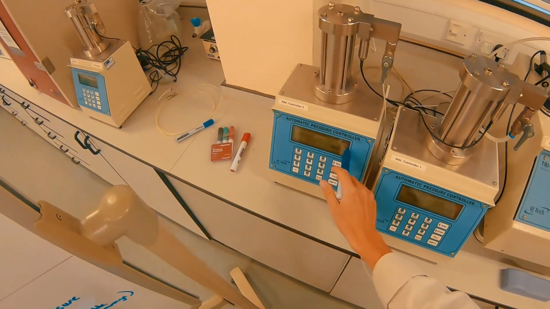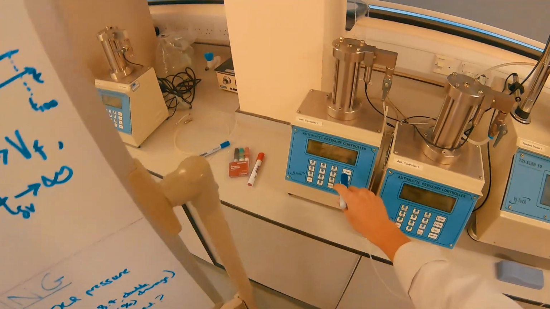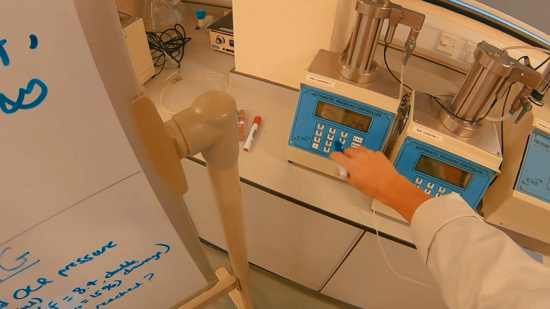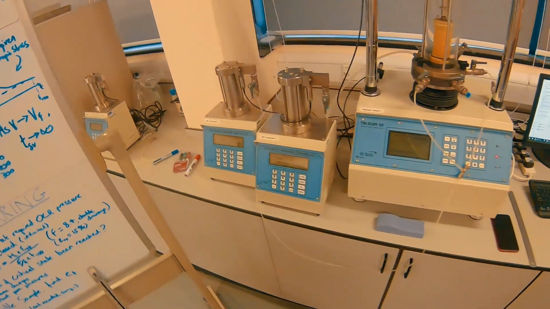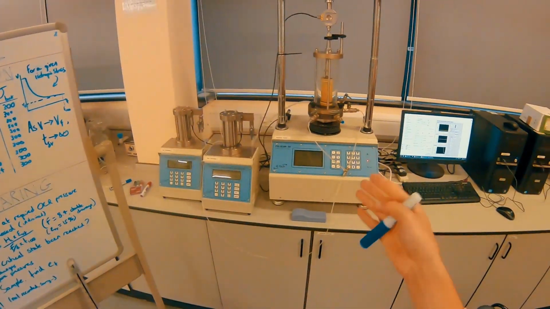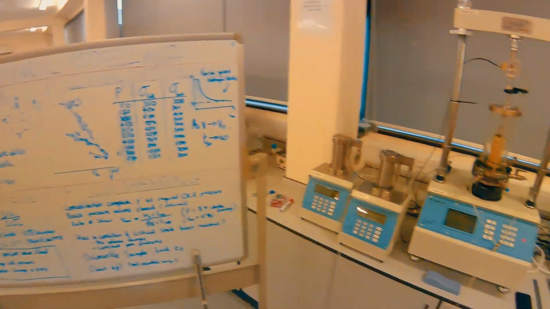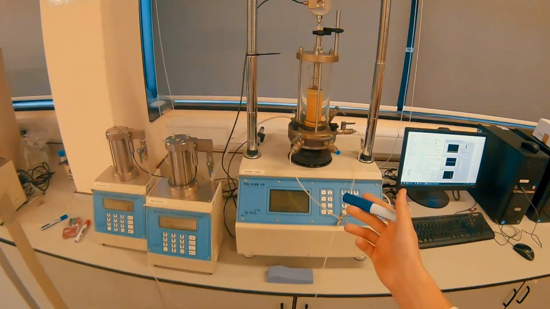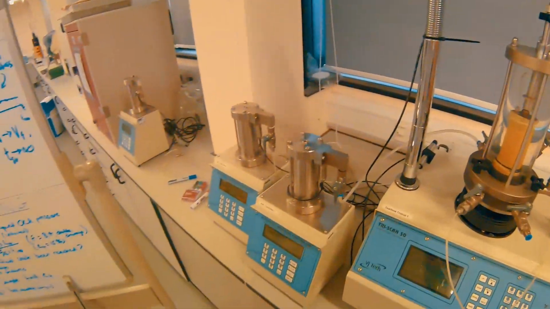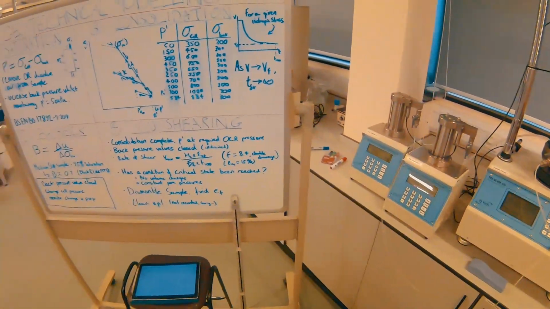At the moment we have a volume in here of 135 cc. Over time through this test that is going to increase, as water flows out of our sample and into the pressure controller.